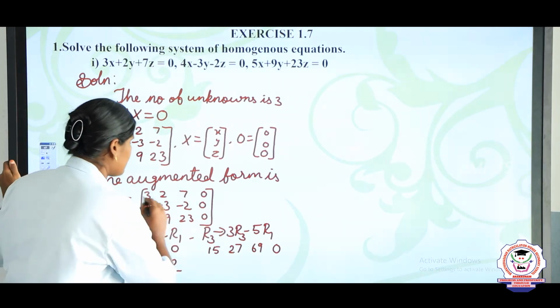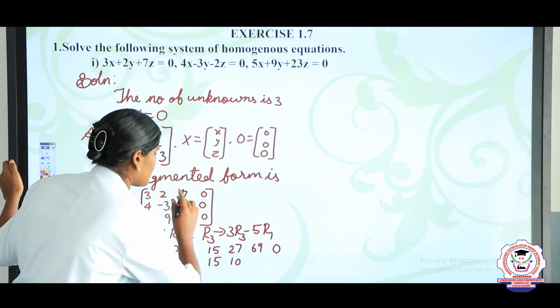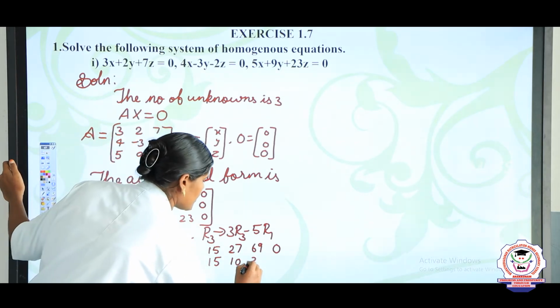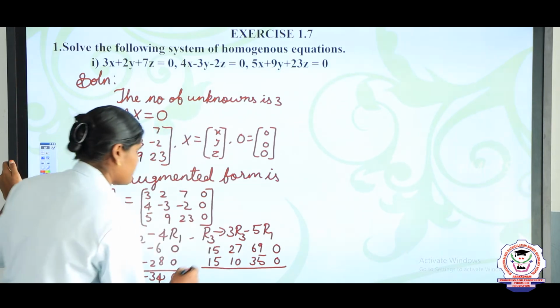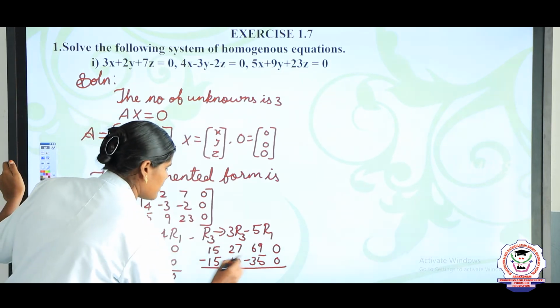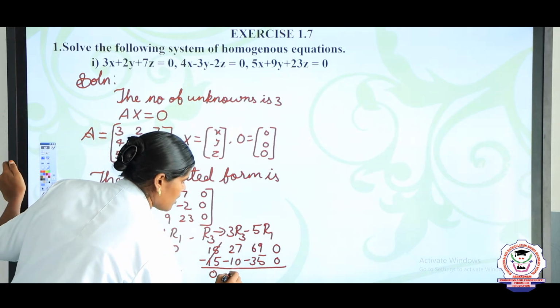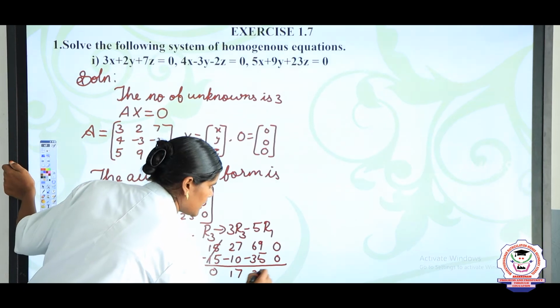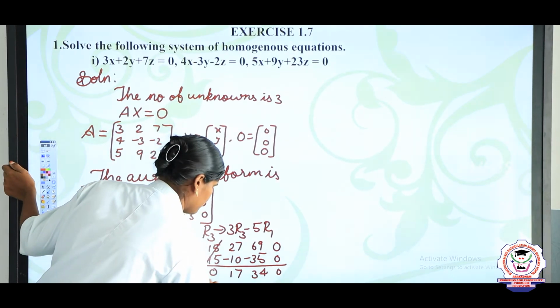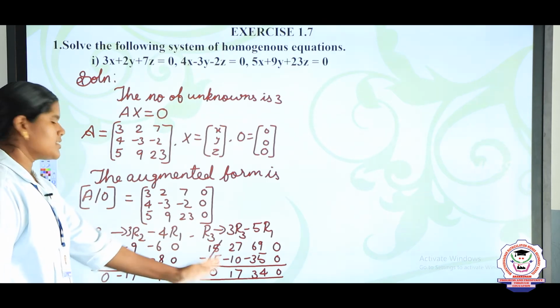Then we get 3 5s are 15 and 5 2s are 10, 5 7s are 35 and 5 into 0 will be 0. Subtract this, we get 0, 17, 34, 0. So, this is the value for R2 and this is R3.